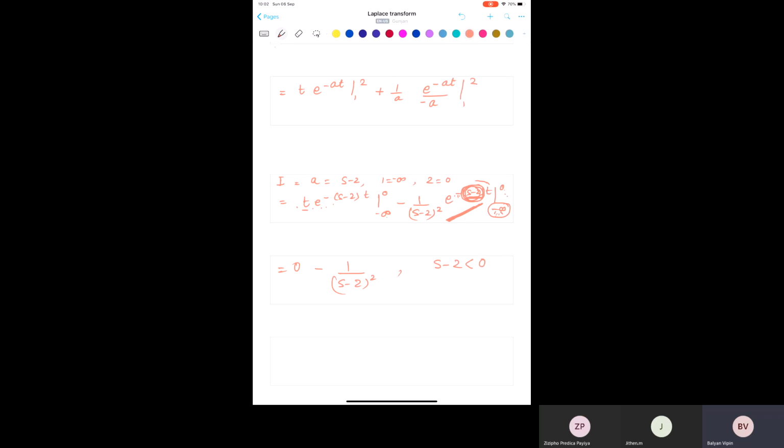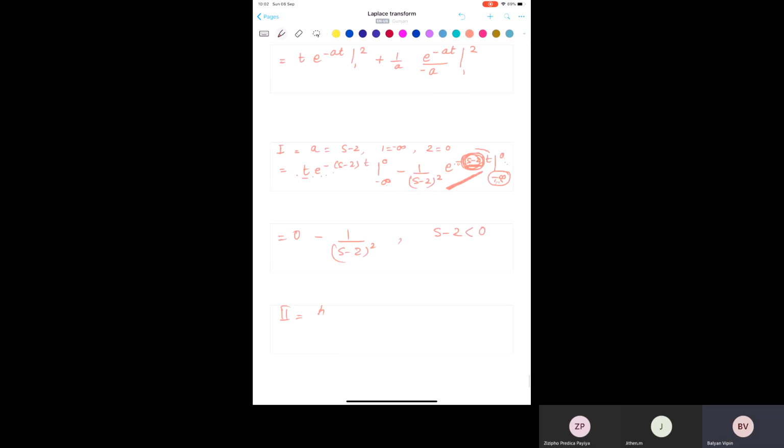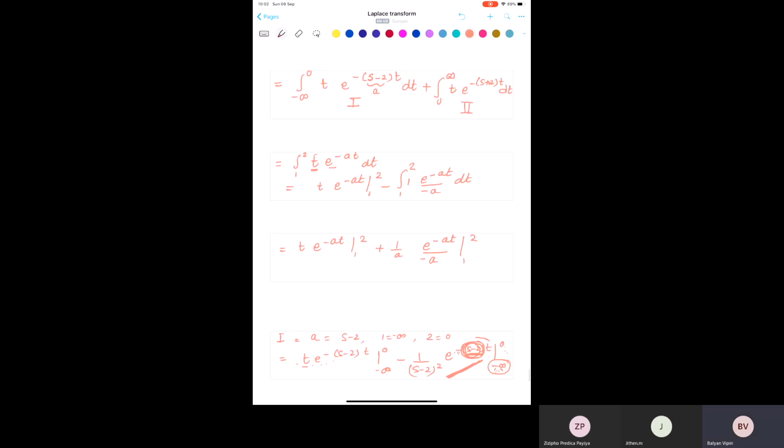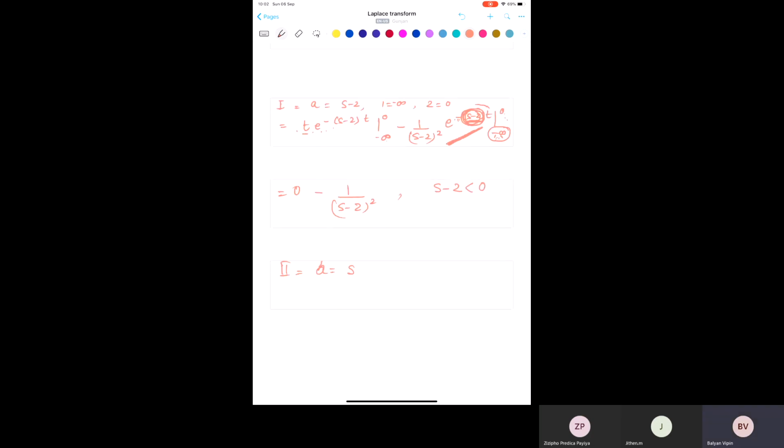Now for the second, a is s plus 2, and the limits are 0 and infinite. So it is equal to t.